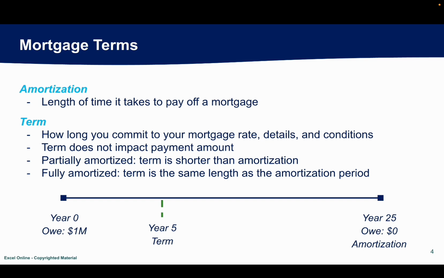So let's say the mortgage is $1 million for 25 years with a 5% rate for 5 years. Therefore, the 5% rate stays for 5 years.